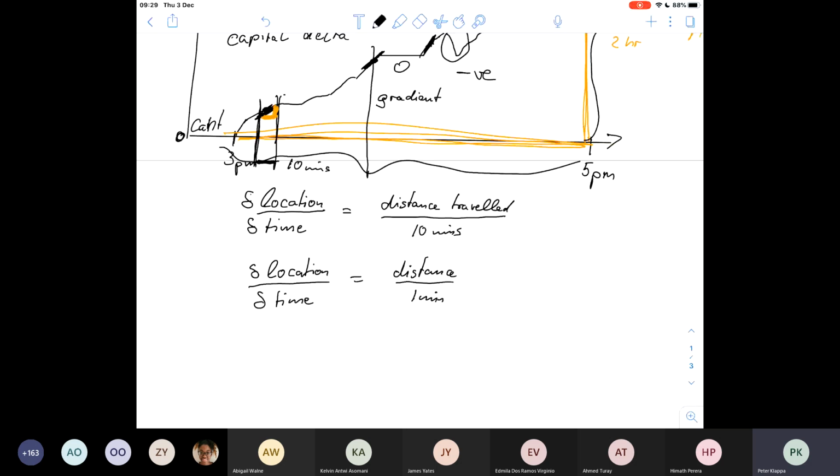Couldn't we do it, for example, distance traveled at 1 second? Obviously, it would not be very much, but it would give me a very good and very precise speed at that time.